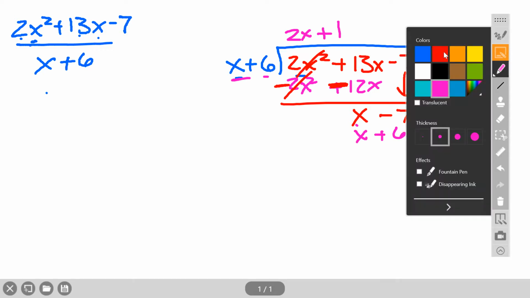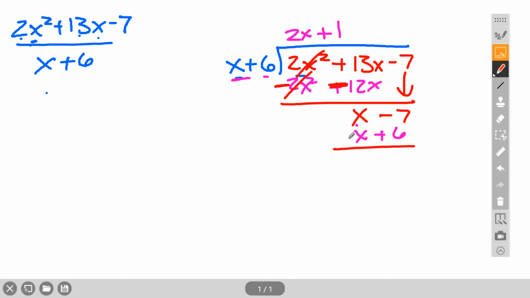Once again, we change the signs because we're subtracting. So the x becomes negative, the 6 becomes negative. x minus x is 0. Negative 7 minus 6 is negative 13. So our remainder is negative 13 because you can't get x to go into negative 13. There's nothing to multiply by. Now, if you remember how we wrote this when we did the 25, the remainder goes over the divisor.